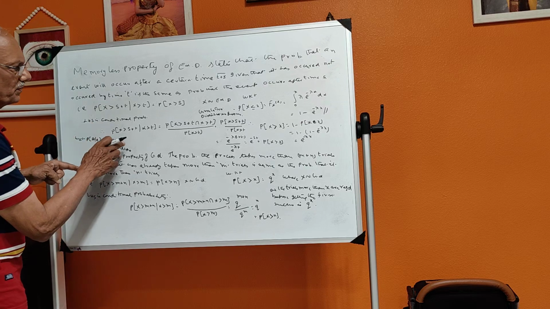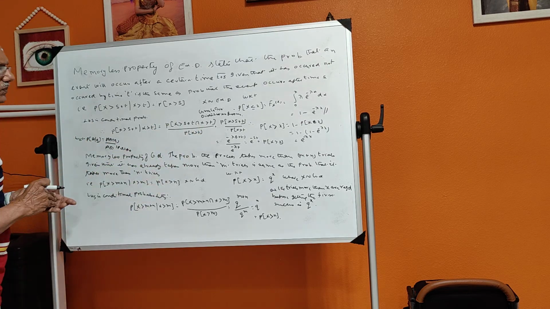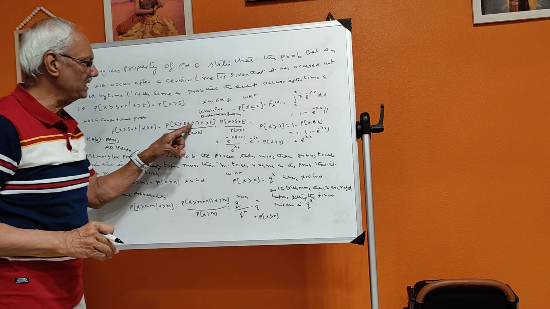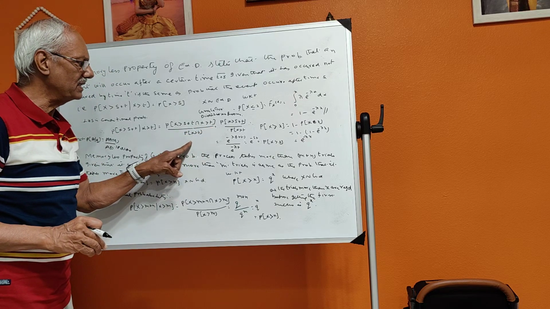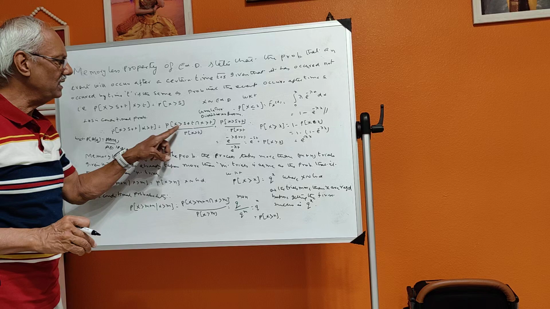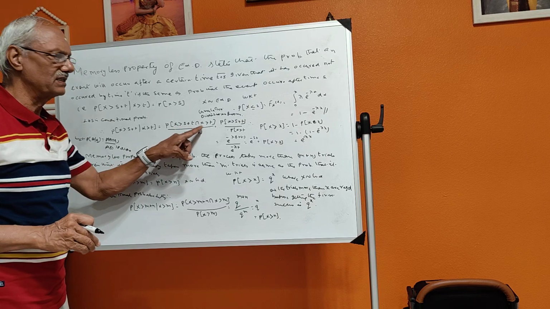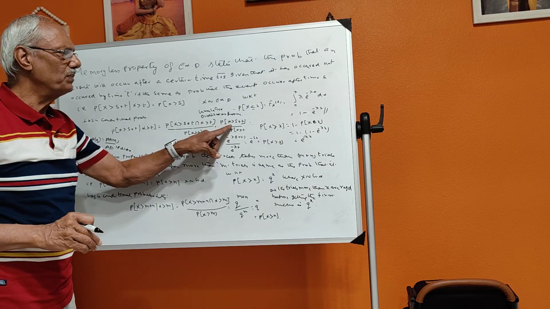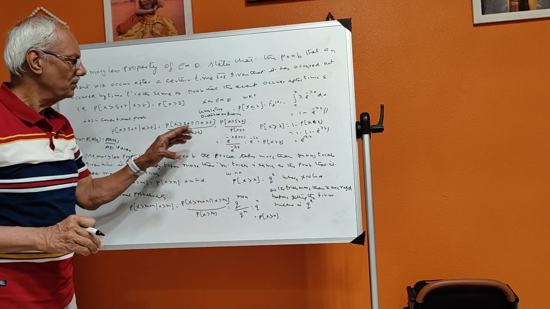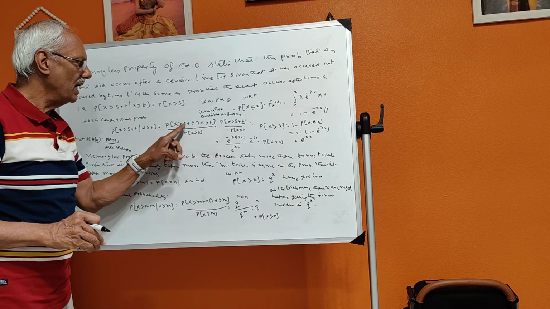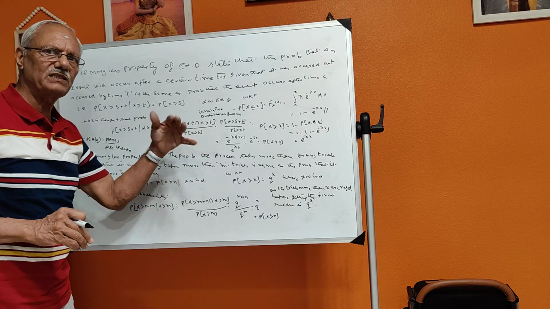So writing it this way, we get x greater than s plus t intersection x greater than t, divided by x greater than t. Here the intersection of these is nothing but P of x greater than s plus t, because one is greater than t and the other is greater than s plus t, which is more than that.